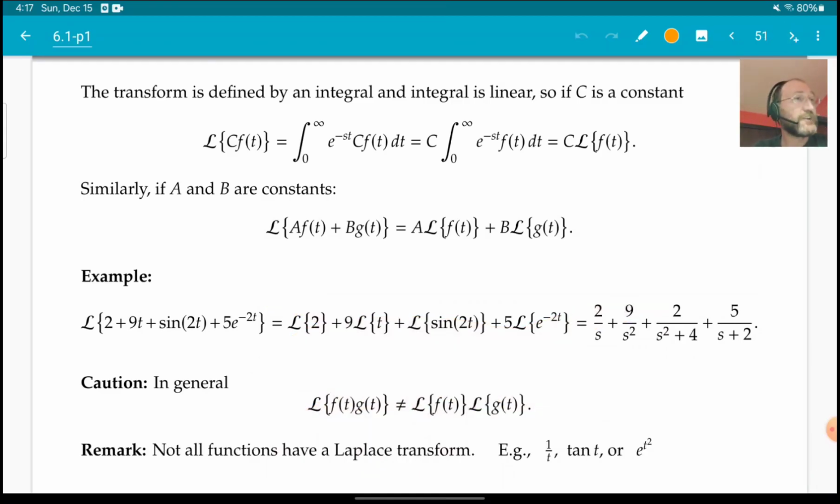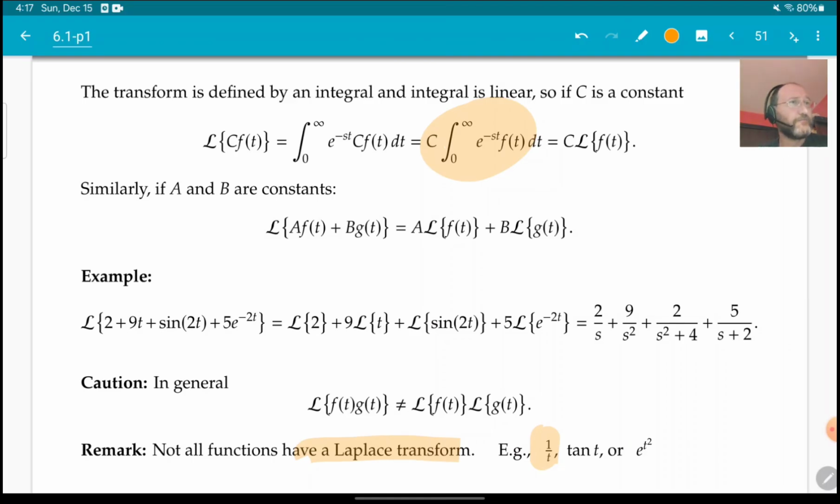Now, not all functions have a transform, right? So you can't just plug in any little f. It only works for a lot of functions, but not everything. So, for example, 1 over t doesn't work, because the integral just doesn't work, right?